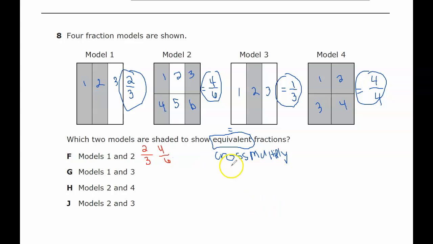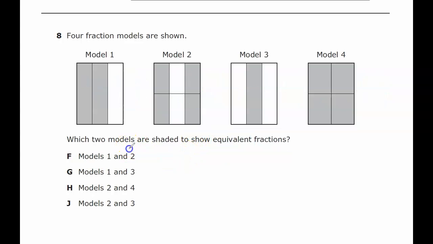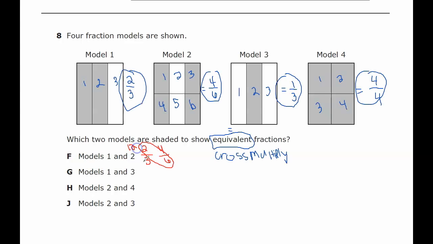Okay, and I need to cross multiply them to see if they're equivalent. Now this is going to be a lot of work, guys, but you have to do it to figure out your answer. Okay, 6 times 2 is 12. 3 times 4 is 12. 12 and 12 are equal.